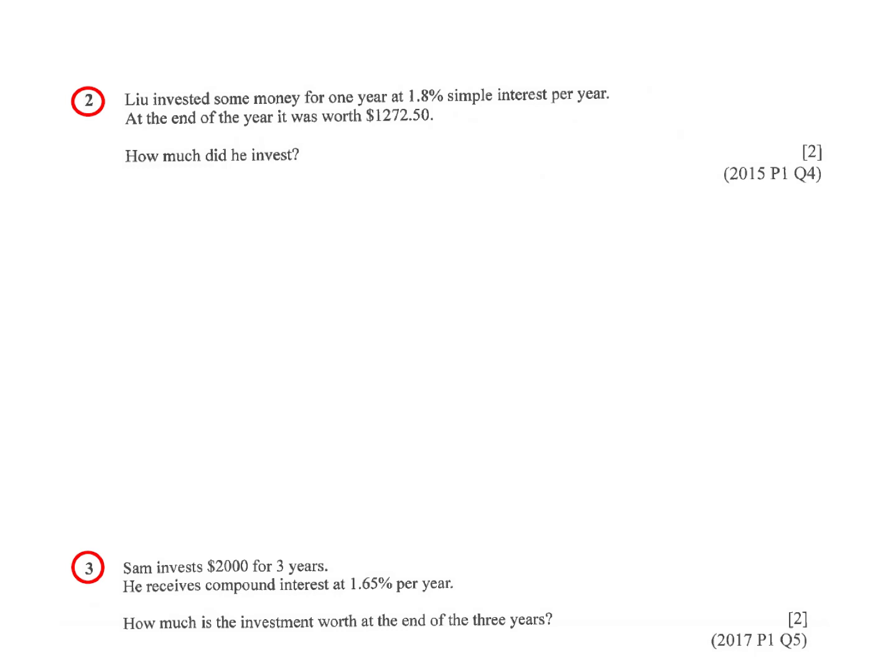We know a few different methods to do this question. The first one is the formula I equals PRT over 100. But since this is simple interest, we can also use a simpler way to work out the original amount. At the end of the year, this person earns 1.8% simple interest, so I'm adding on to my 100%.